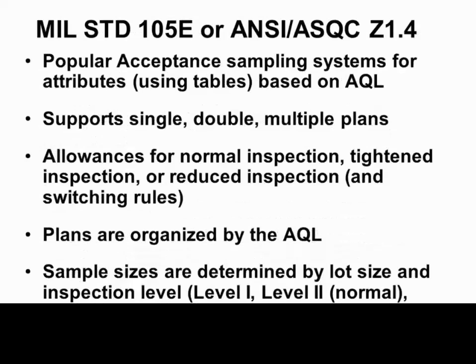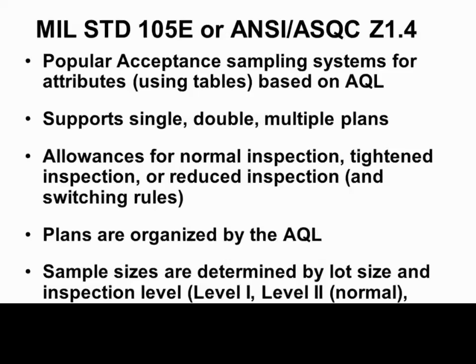Some of you may have come across the acceptance sampling plans through some standards that have been published. There's a military standard and a commercial standard, the ANSI standard, which deal with defining acceptance sampling plans for attributes.